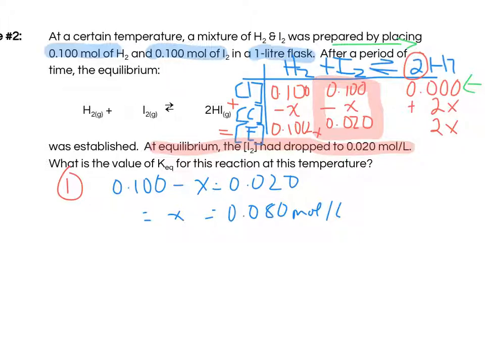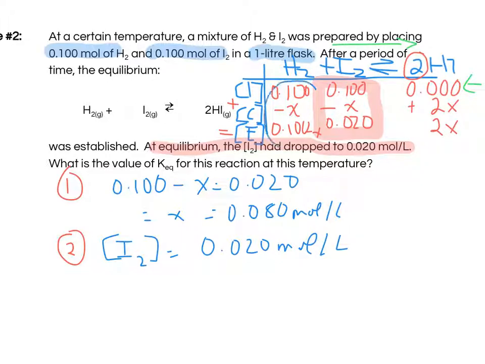So let me keep going here. I2, I know, has a concentration at equilibrium of 0.020 moles per liter. And it so happens that, because H2 and I2 have the same expressions, that's also my equilibrium concentration of H2.